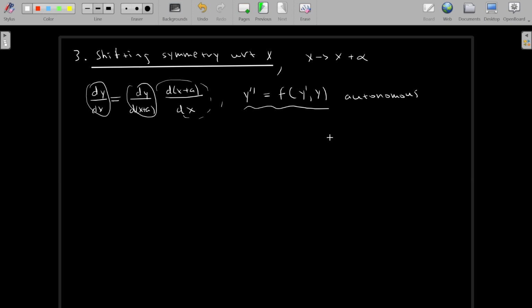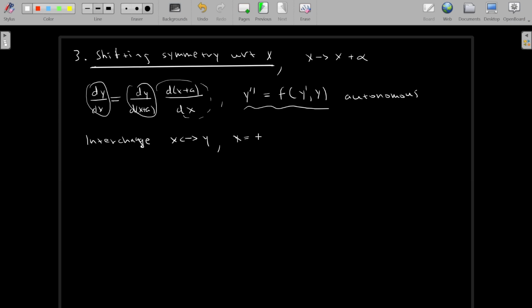Now, the general idea when you have a shifting symmetry with respect to x is to interchange the roles of dependent and independent variables, x and y. So let's say we interchange x and y, meaning that we are going to search for solutions of this form.